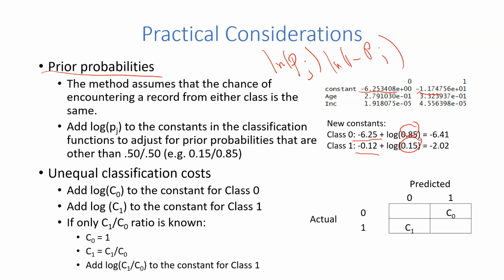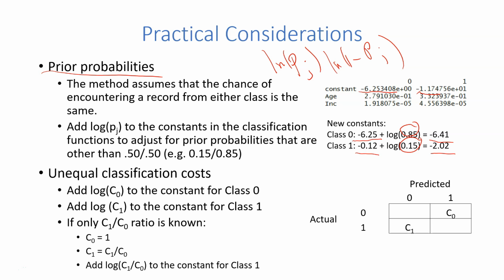And we are going to get negative 6.41 and negative 2.02 for the constants for class 0 and class 1 respectively.